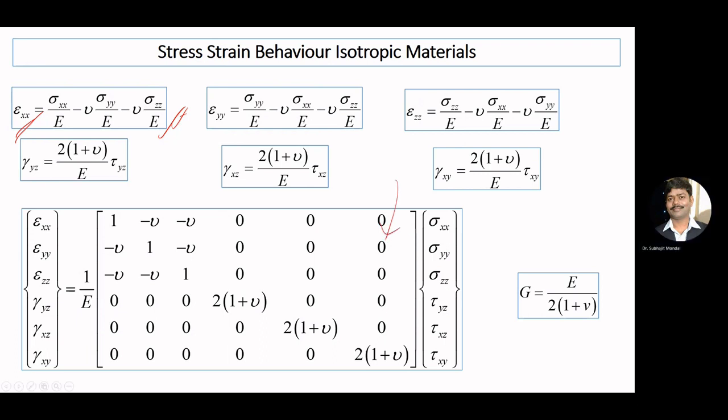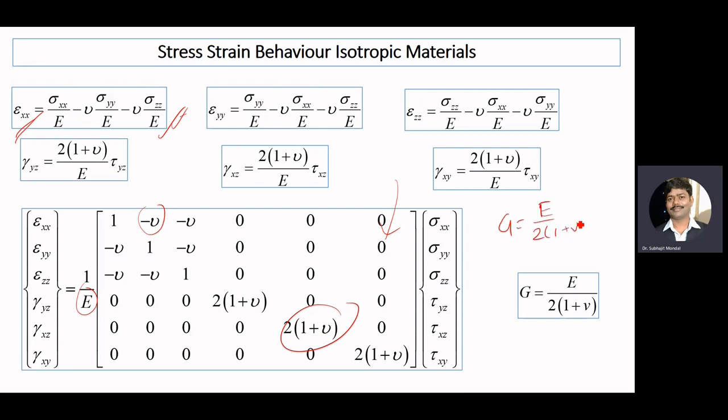We have 2 independent elastic constants to represent an isotropic material. This part corresponds to the shear modulus G. Since G is equal to E by 2 into 1 plus mu, we have 2 independent elastic constants for an isotropic material, either E and mu or E and G.